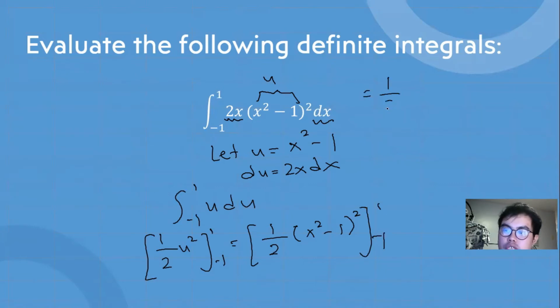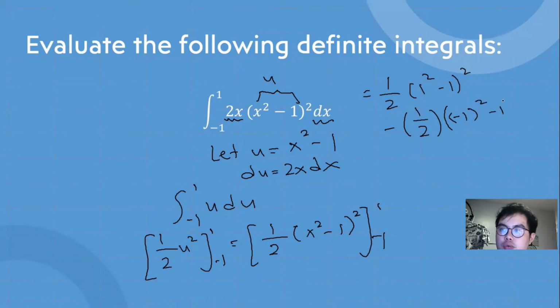So, we're going to substitute it using 1 and negative 1. So it will become 1 squared minus 1, then squared, minus 1 half times negative 1 under the parenthesis squared minus 1. So, magsasolve na po tayo dito.